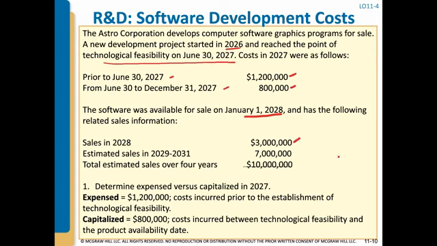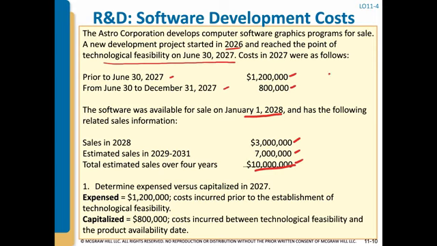And here's the sales information. They had sales of $3 million in 2028. And then they estimate that for the next 3 years thereafter, they'll have sales of 7 million, to give them total estimated sales over the 4-year life of this software of $10 million. Number one, determine expensed versus capitalized amounts in 2027.